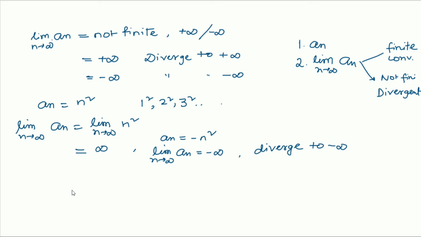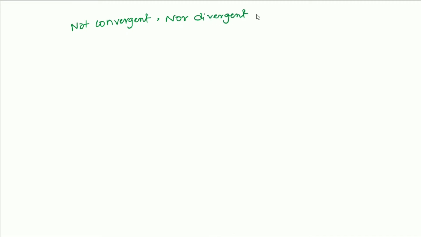If the sequence is neither convergent nor divergent, then it is an oscillatory sequence.